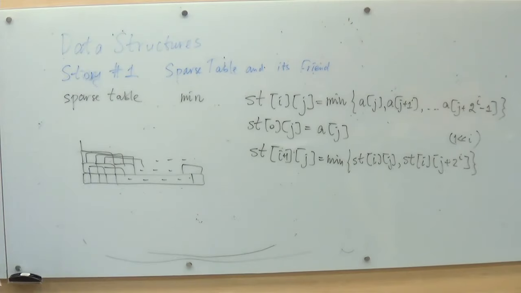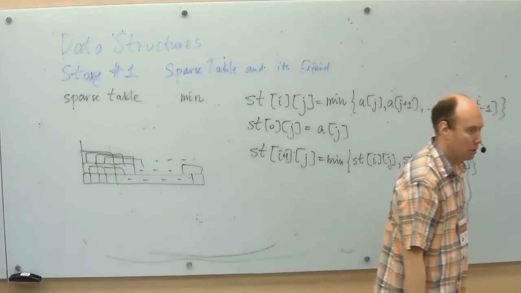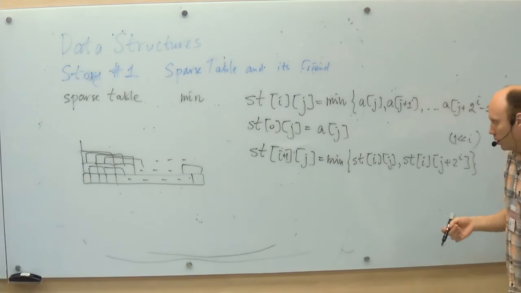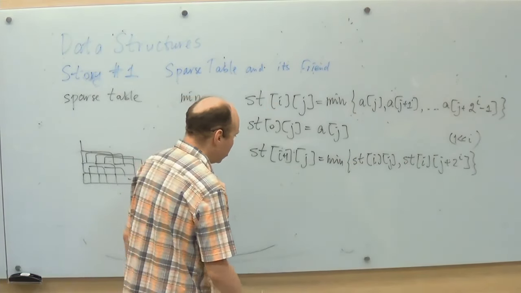So sparse table allows us to quickly answer the question of the minimum, or whatever operation we build it for, on a segment of length 2 to the power of i, but also on any other segment with the following trick.